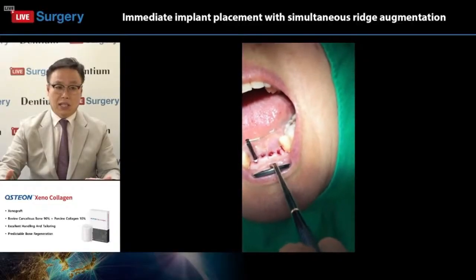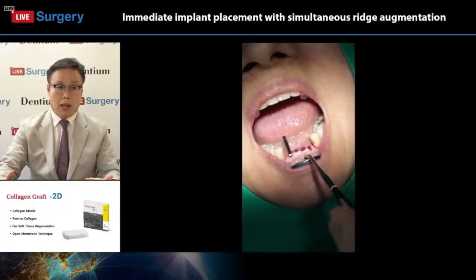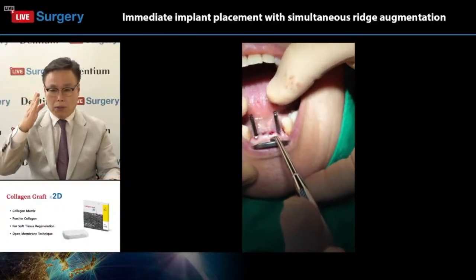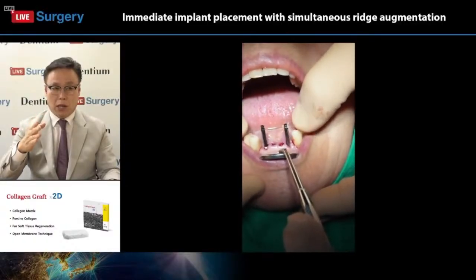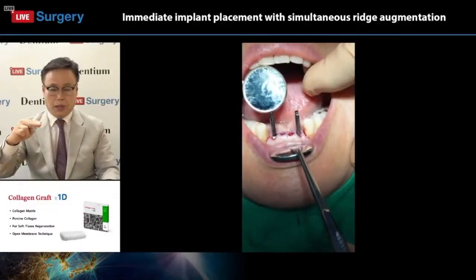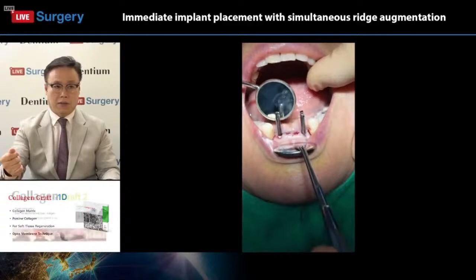So instead of elevating the flap first, I place the implant, and after placing the implant, I open the flap with a vestibular incision and make sure of the inside, the vertical position of the implant, and the presence of a dehiscence defect.